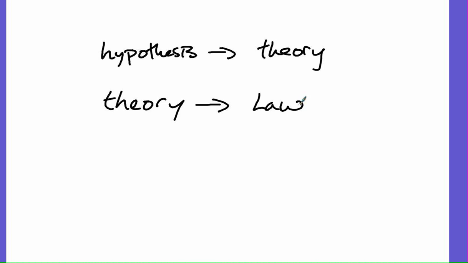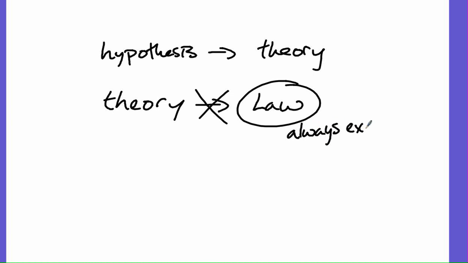But theories do not turn into laws. Just because a law sounds better than a theory doesn't mean that that's the way it works. The law existed from the beginning. The law of gravity came about long before the theory to explain how gravity works.